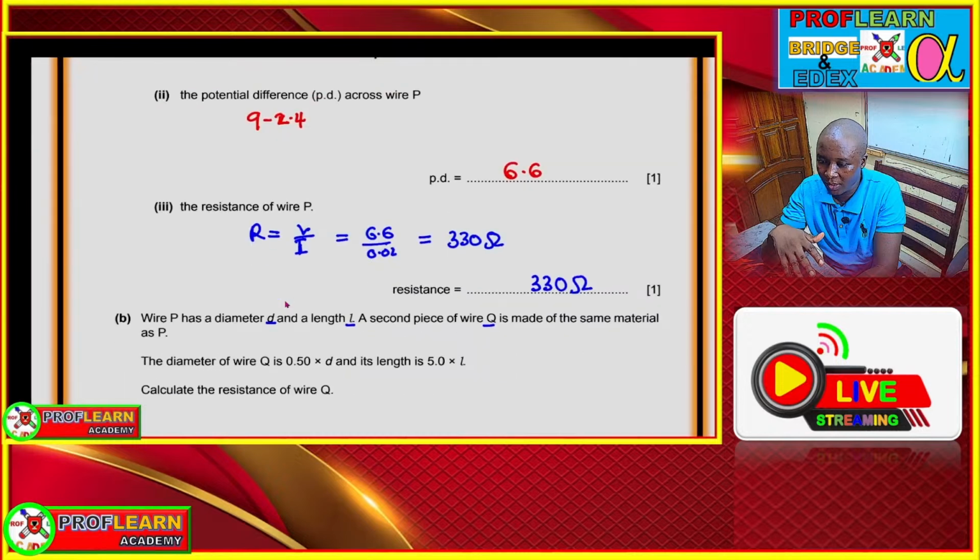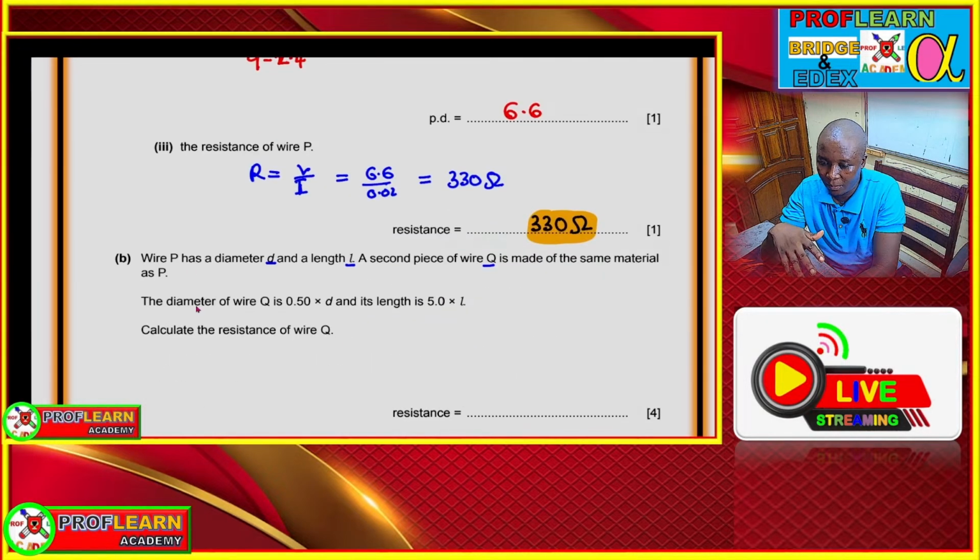So we're going to consider the resistance of this one. So we shall say that's the beginning point. So it will be 330. Yeah, so we shall say this is 330 times the length was 5 times, so meaning times 5, and the diameter is a half. So if the diameter is a half, resistance is going to increase by a multiple of 4.